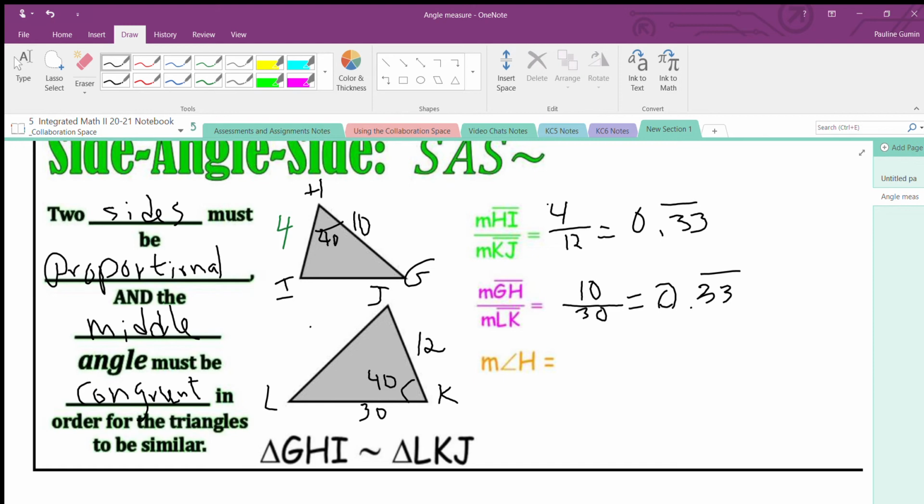And the measure of angle H is the same as the measure of angle K. Notice, please, this is the most important part because this is where the most mistakes happen. We have a side, and where they meet, that's where our angle exists. Same thing here. These two sides meet, the angle exists between them.